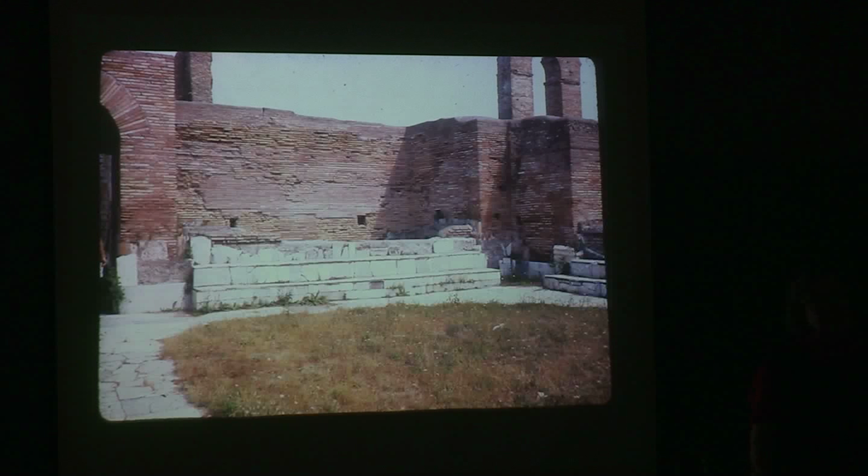In the Baths of Caracalla, it is thought that 3,000 people could bathe at the same time. So you have to have these large numbers of people enter and exit.